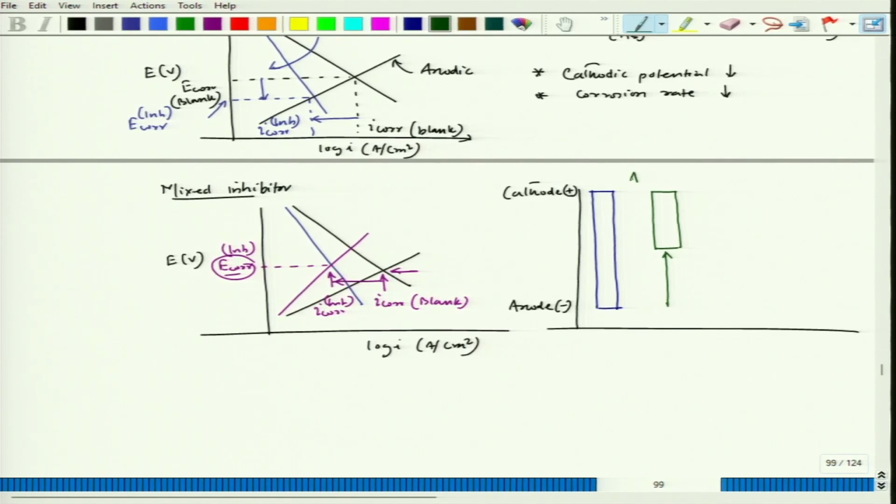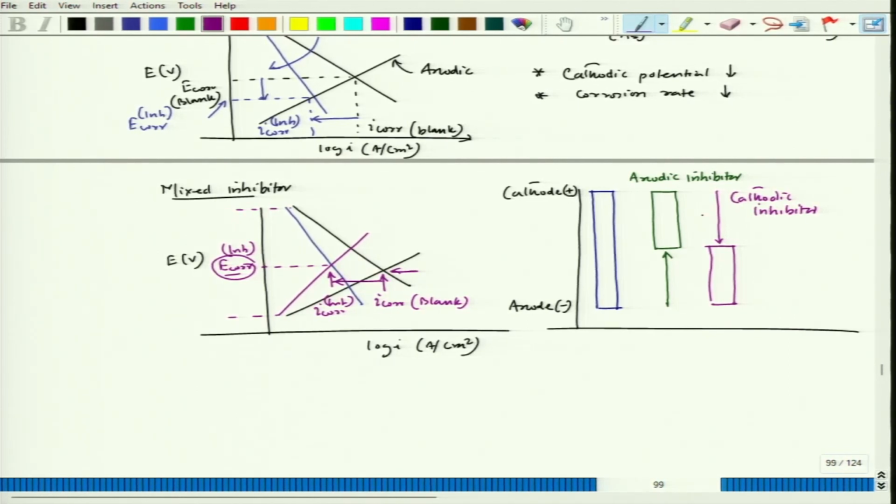Now, in case of cathodic one, this potential drops down. So, this is cathodic. Now, in this case we are talking about this potential and this potential, that difference shrinks.